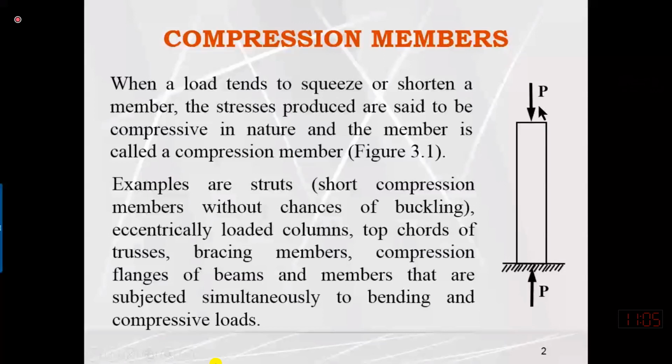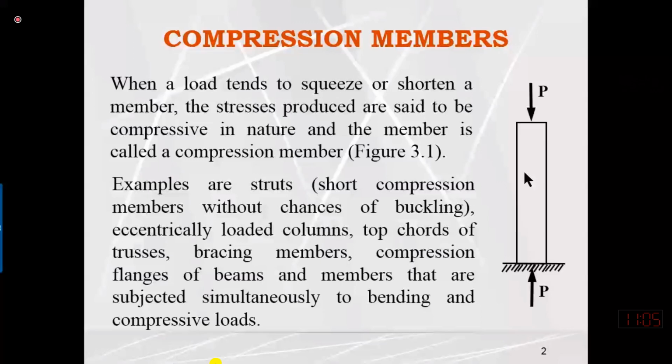Maybe it fails at a load of 40 kilonewton. This means that any axial member behaves differently when subjected to compressive and tensile forces. So we need to evaluate on what parameters the compressive capacity depends and what type of failure may occur when a member is subjected to compressive force.